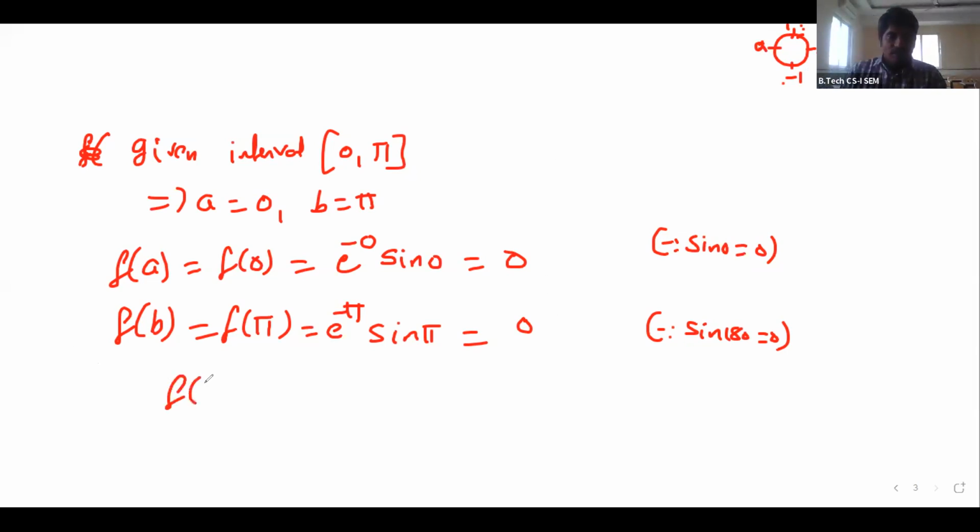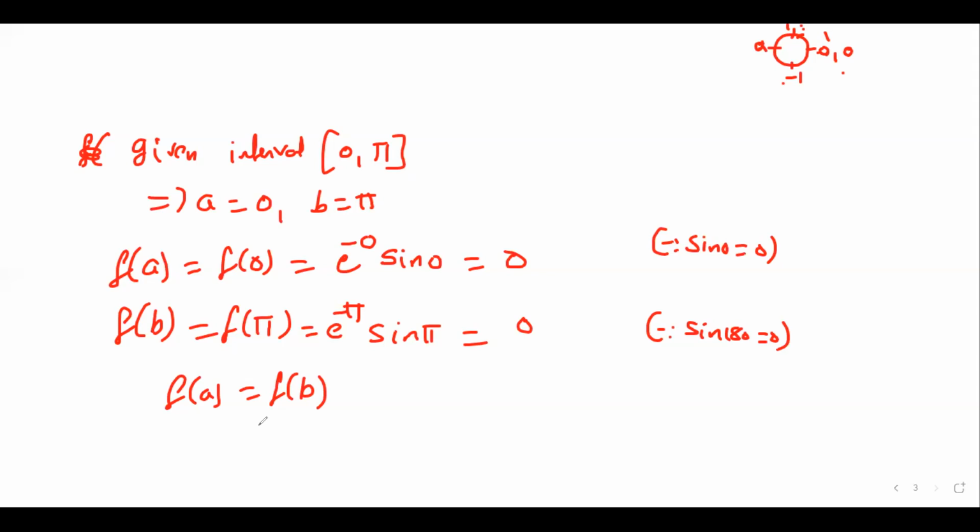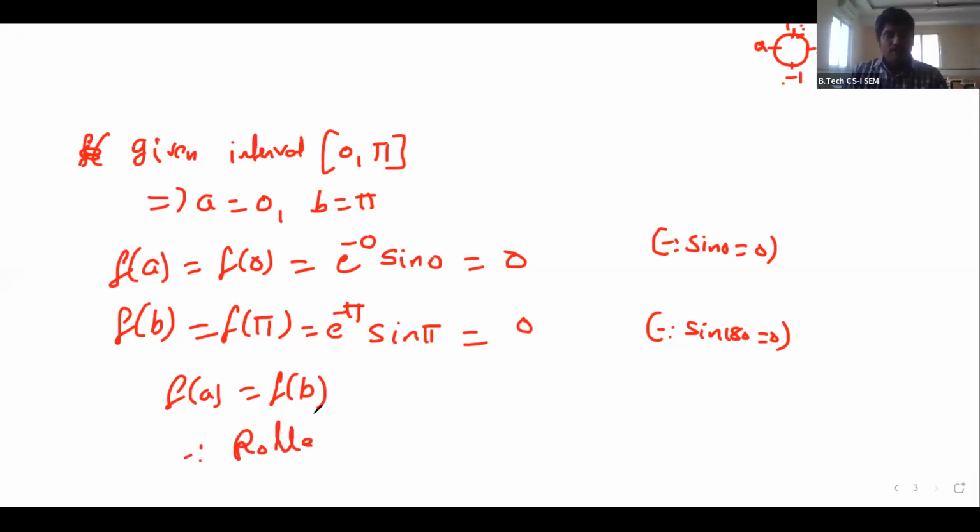Now is f of a equal to f of b or not? Do you agree or not? f of a and f of b, both are zeros. Therefore Rolle's conditions are satisfied.